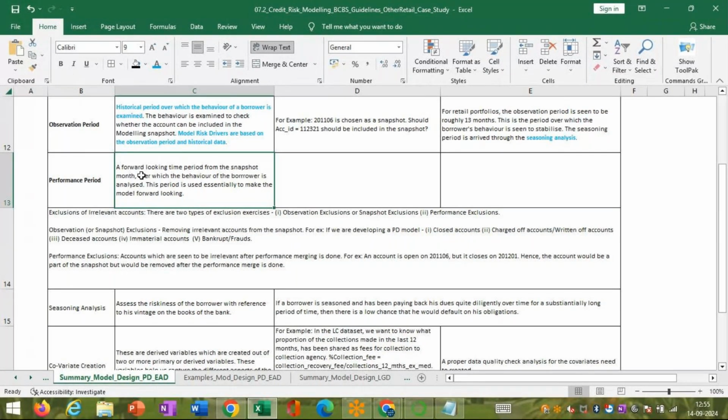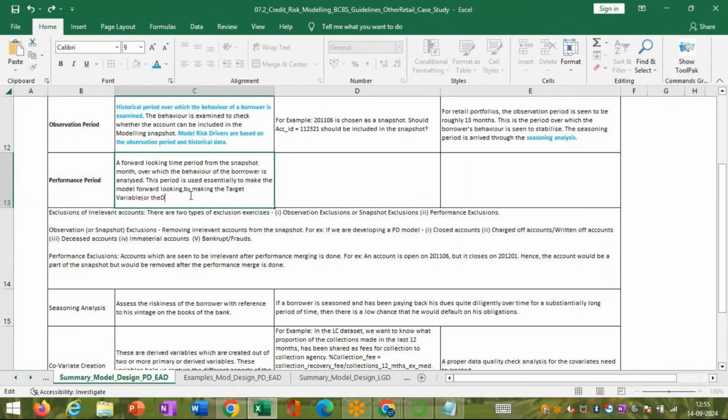This period is essentially to make the target variable or the default flag forward looking, right?